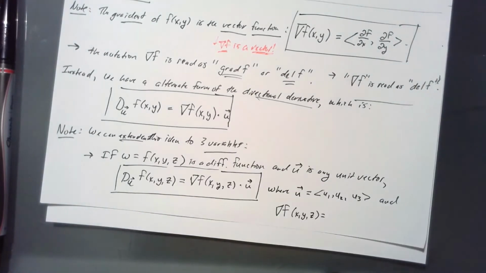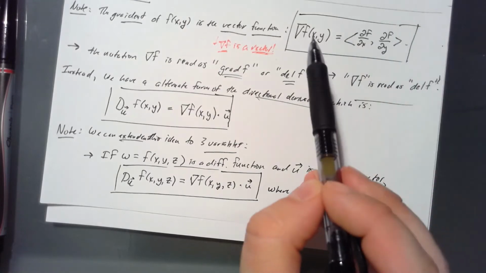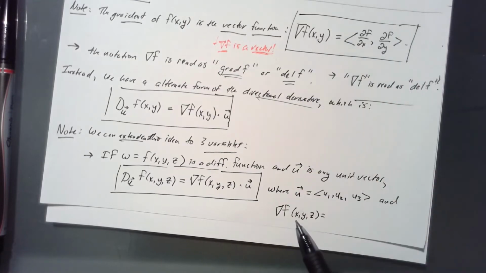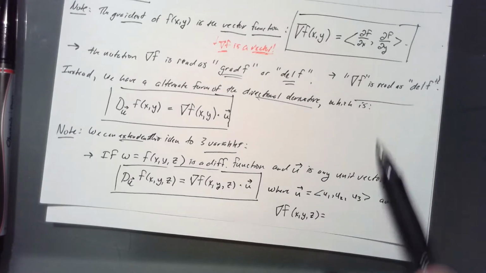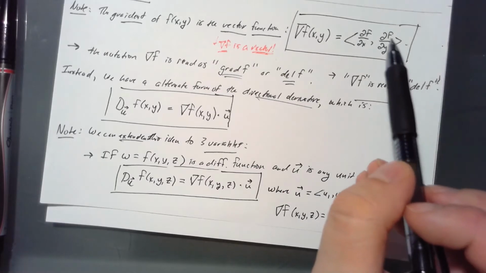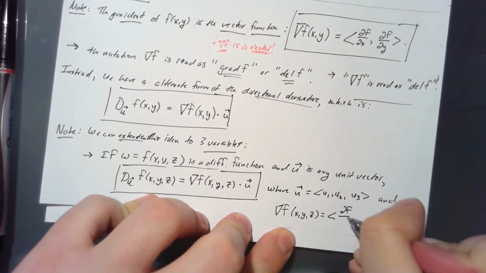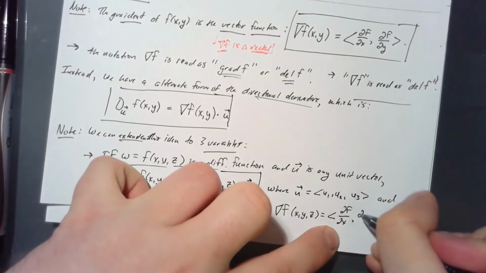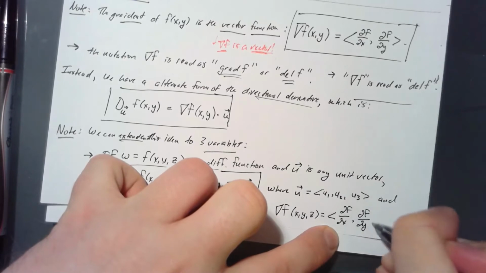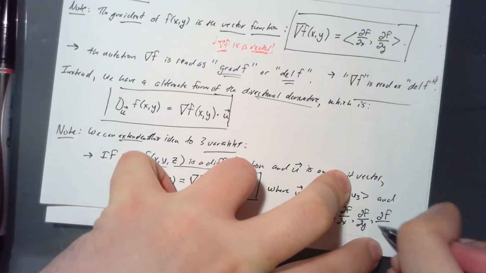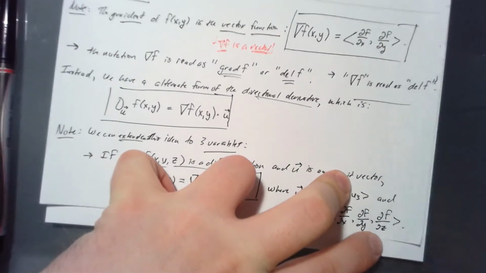So what would the gradient of f look like now? Well, if this is the gradient of f at xy, then for the gradient of f of xyz, you just tack on another, the partial of f with respect to z. So it would be the vector: partial of f with respect to x, partial of f with respect to y, partial of f with respect to z.